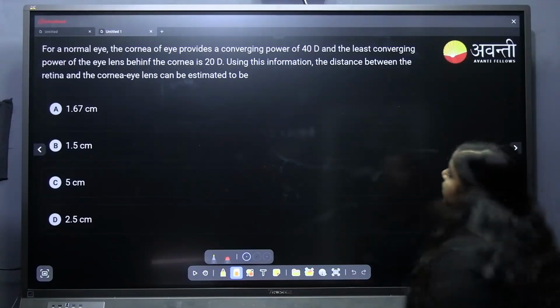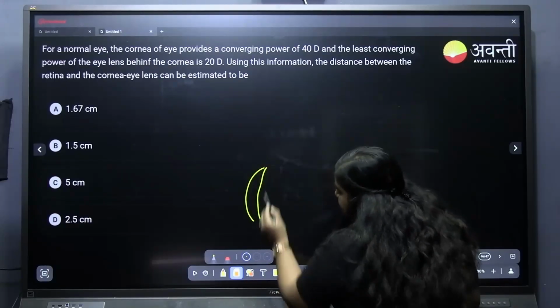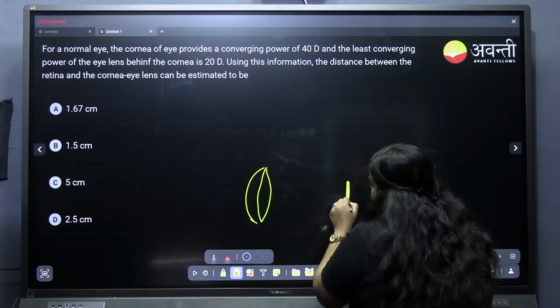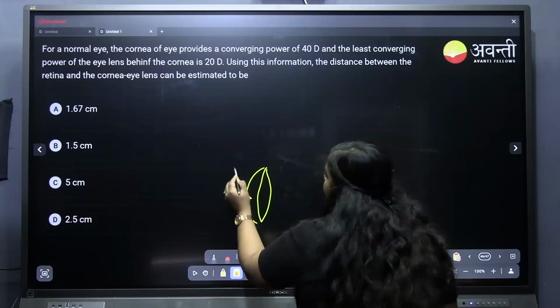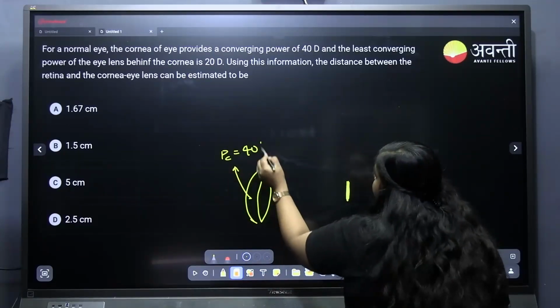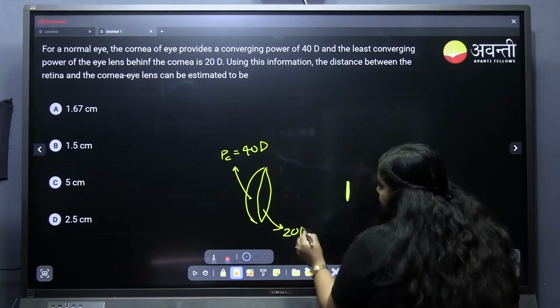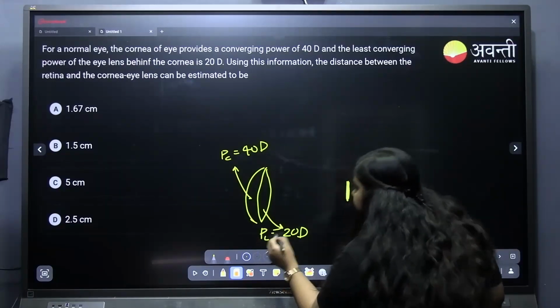So here are the cornea and lens, and this is the retina. For this combination, cornea power is given as 40D and the lens power is given as 20D.